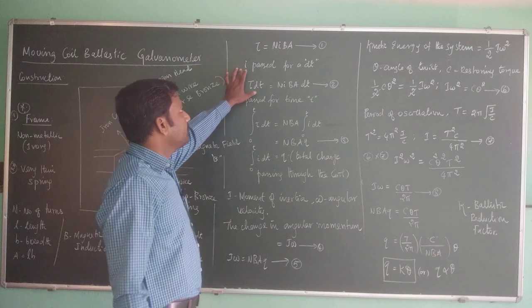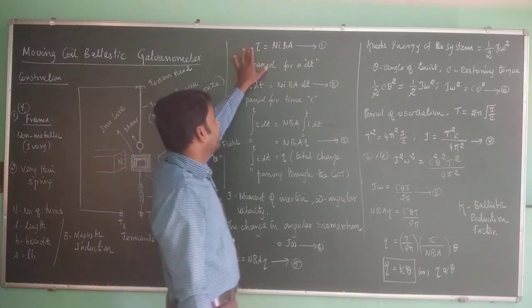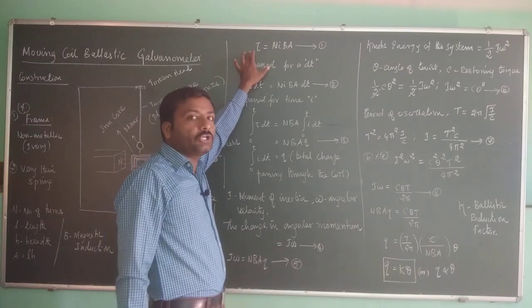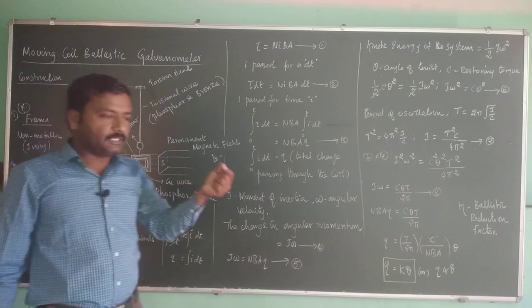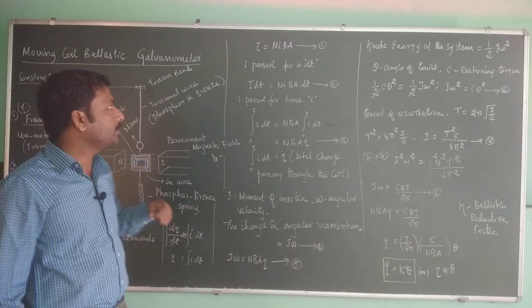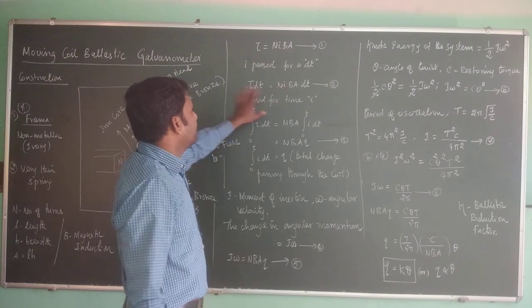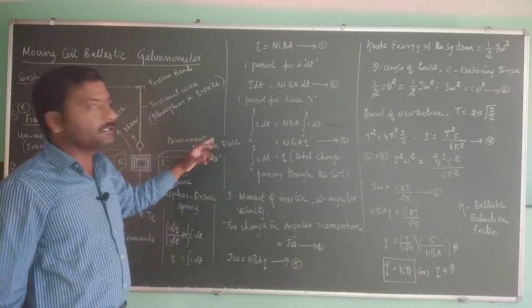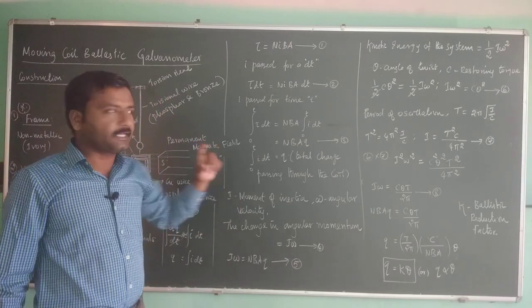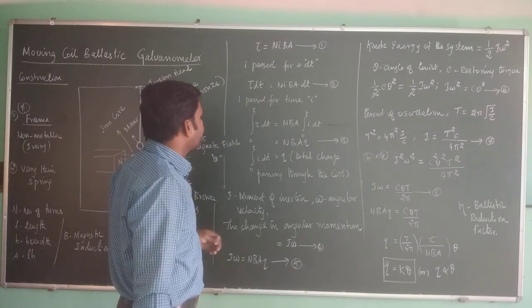Now assume that the current I is passed for a time dt. Then in general, for a torque, we can write tau is equal to NIBA. If this current is passed only for a small time, then we multiply both sides by dt and we get tau dt is equal to NIBA dt. If we allow the current to pass for a time interval t, we can integrate both sides from 0 to t.